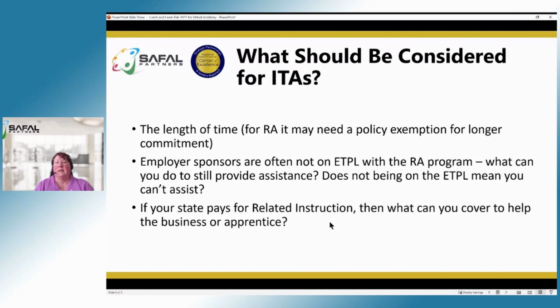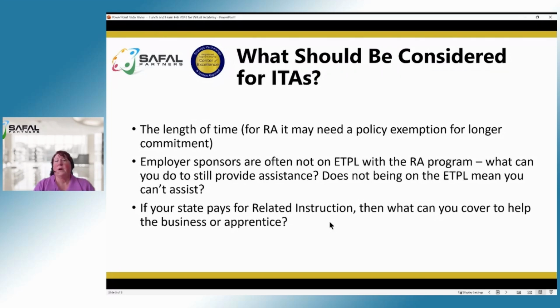You can actually still work out a contract, like an incumbent worker training contract, that would pay for the tuition pieces. Not all of it. Remember, we have our limits, but it would still be able to pay for that, even if they aren't on the ETPL.